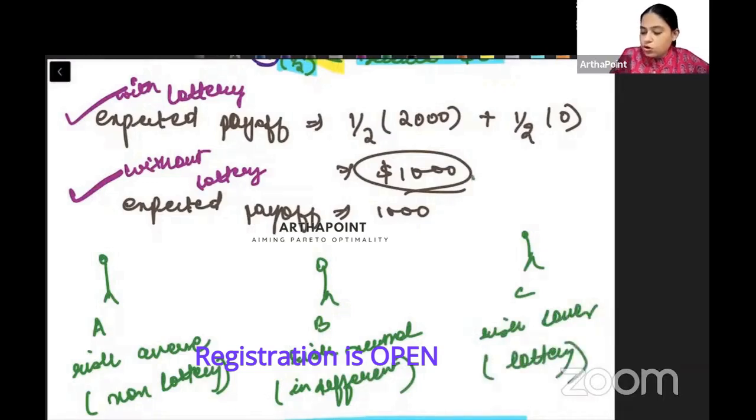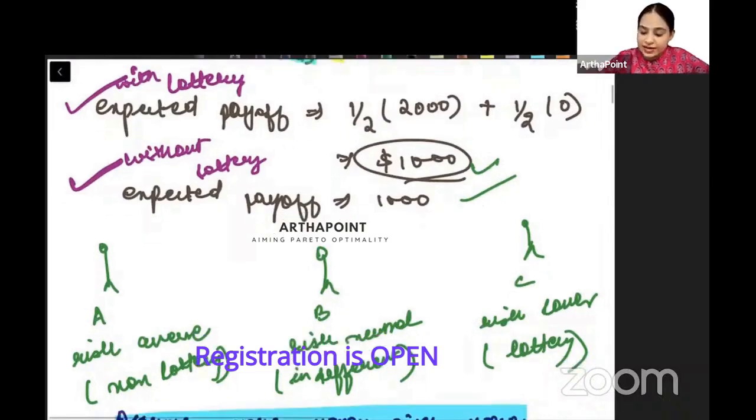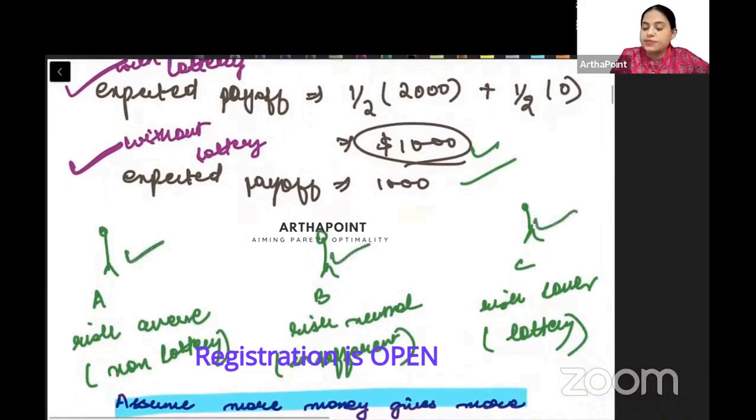Although the expected payoff is the same, they will prefer different outcomes. वो अलग अलग outcomes को इसलिए prefer करेंगे because at the end of the day we need to understand that their utility functions are different. तीनों का ही जो utility function होगा, the utility functions that they will be having, it will be very different, right?